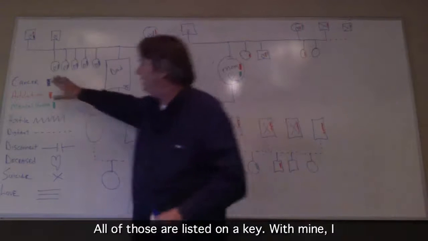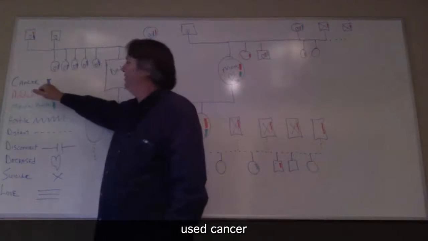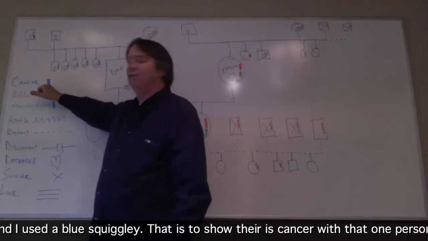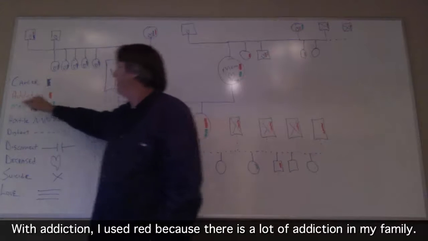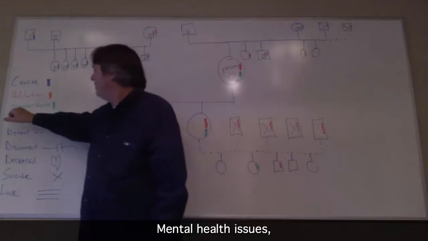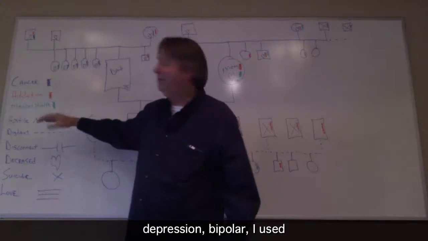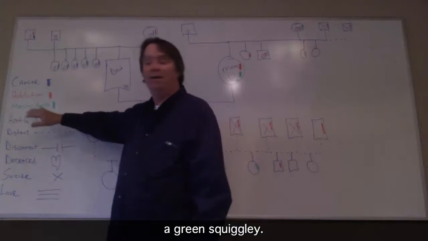All those are written on a key. With mine, I use cancer and I use a blue squiggly to show that there's cancer within that one person. Addiction, I use red because there's a lot of addiction in my family. Mental health issues, depression or bipolar, is a green squiggly.